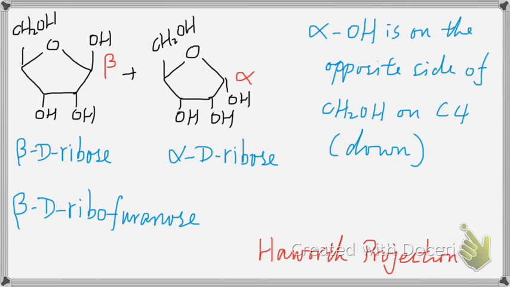These structures shown here are called the Haworth projection. The 5-membered ring or the 6-membered ring, flat ring, is called the Haworth projection, and it's used in carbohydrate chemistry.